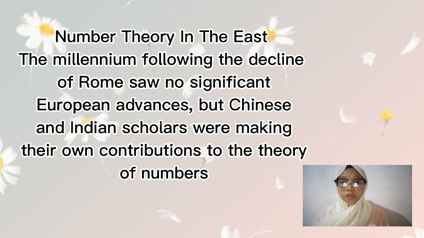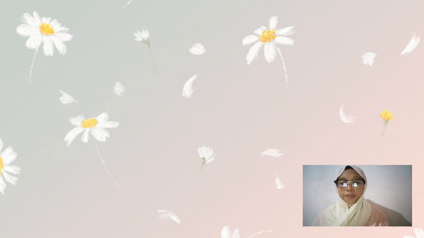For example, Thabit ibn Qurra, active in Baghdad in the 9th century, returned to the Greek problem of amicable numbers and discovered a second pair, 17,296 and 18,416.